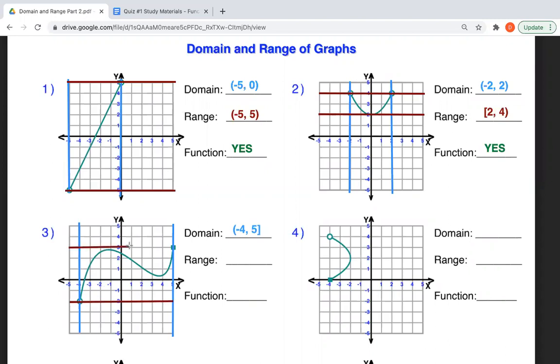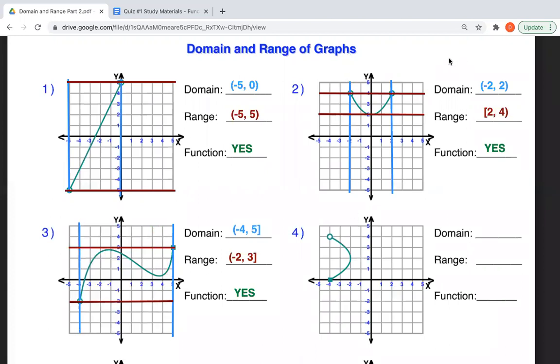Top of the graph, +3, no open circle. So -2, +3, parentheses and a bracket. This one is also a function because of that vertical line test. If I move a vertical line through the graph, it only ever touches at one point the entire time.